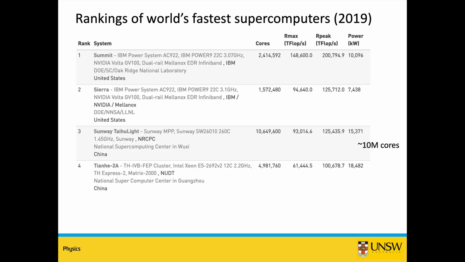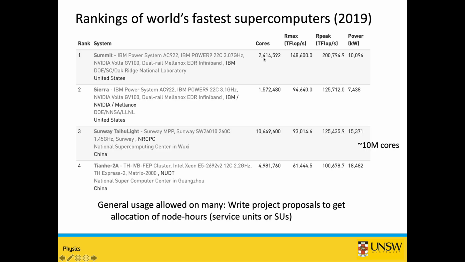And here I show the rankings of some of the world's fastest supercomputers that was generated in 2019. The Summit leads the list, you can see, and it has the number of processors. You can see there are about 2.4 million cores in these processors, and it has a very high speed.